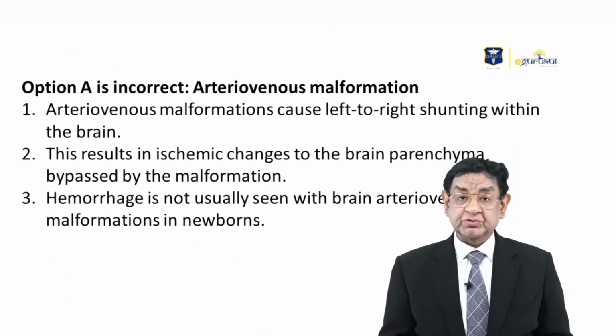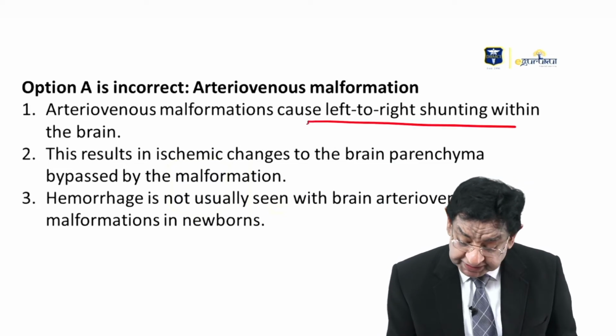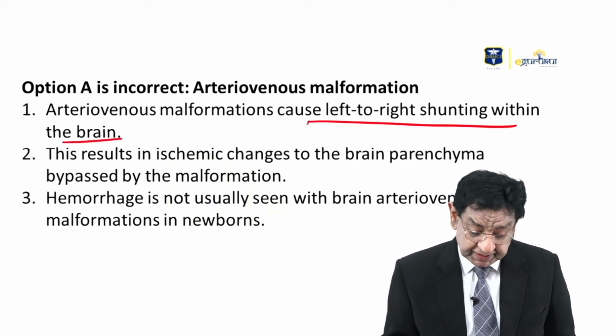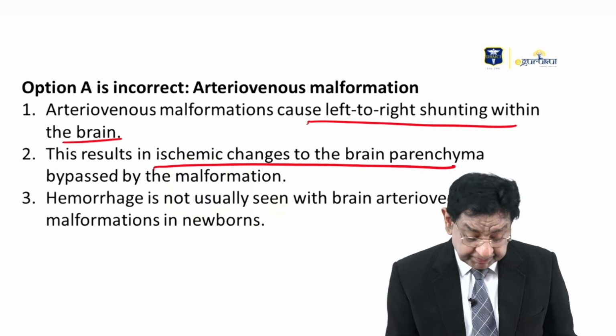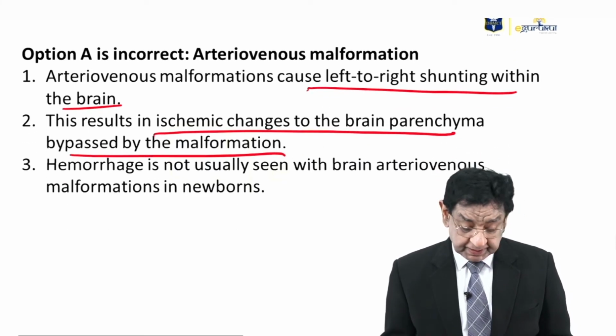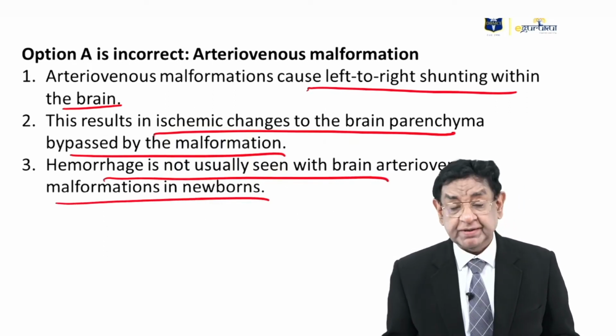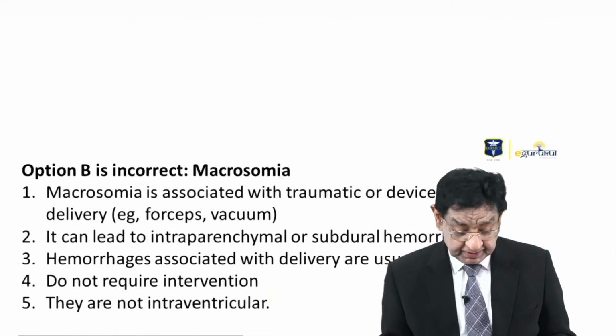Well, let's look into other options. AV malformation may cause left to right shunting within the brain. It results in ischemic changes in the brain parenchyma bypassing the malformation. Hemorrhage is usually not seen in brain AV malformation in a newborn.